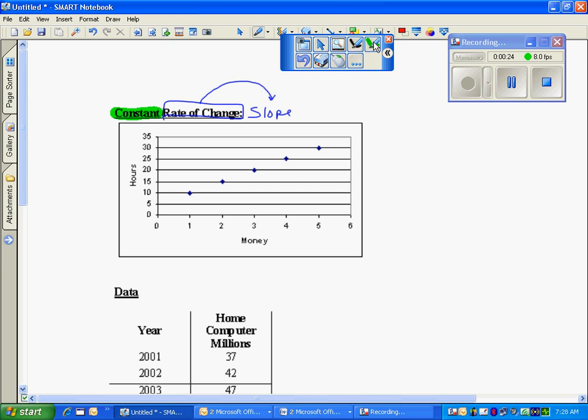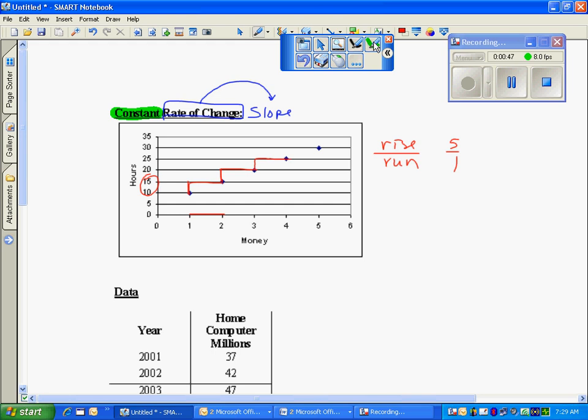If I'm going to show the rise over the run from one point to the next: see, I rose 5 according to my scale, and I ran 1. Let's see what happens in the next hour. Rise 5, run 1, rise 5, run 1. So you can see that that's a constant rate of change.